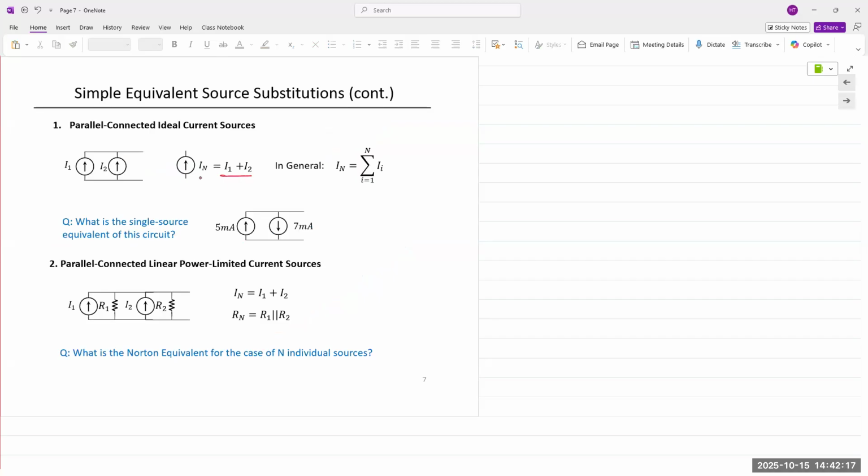This is I1 plus I2. And real life current sources have resistors in parallel. And so the Norton current is I1 plus I2, and the Norton or Thevenin resistance is the parallel combination of the two resistors, R1 parallel R2.